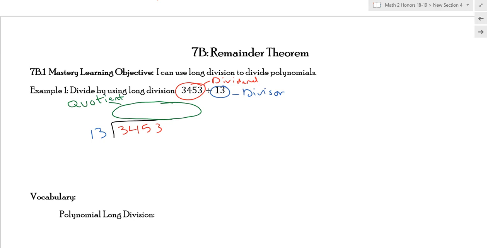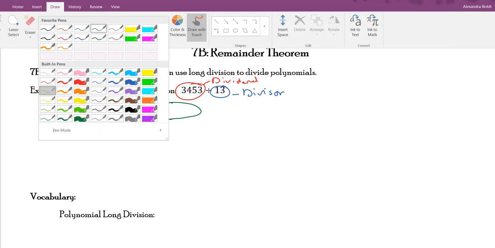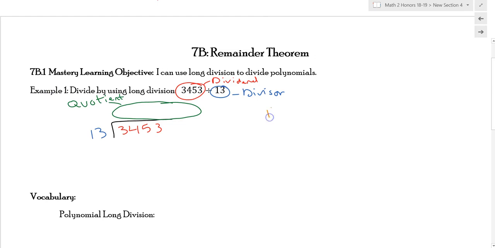Alright, so how you do long division is there's 3 steps. Your first step is to divide. Now that sounds easy, but you're going to try and divide in pieces. So we're doing 13, and we want to look at just our first part first. 3 divided by 13. Now we can't divide 3 by 13. It's not big enough. So then we look at our first 2 numbers.